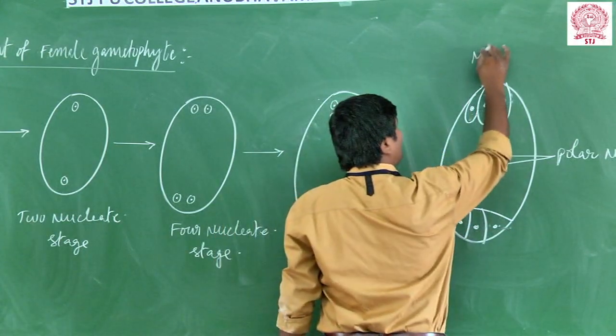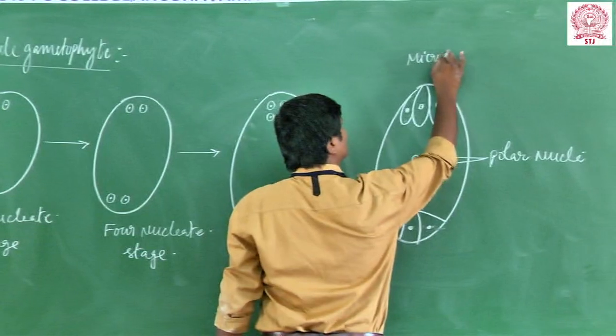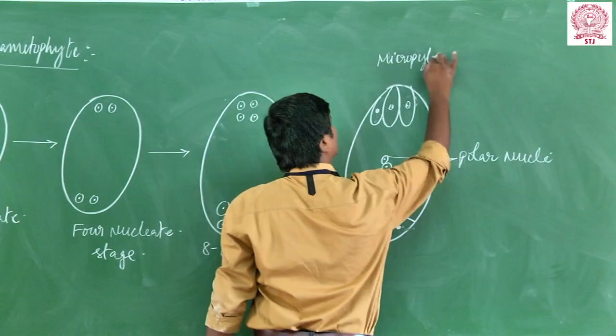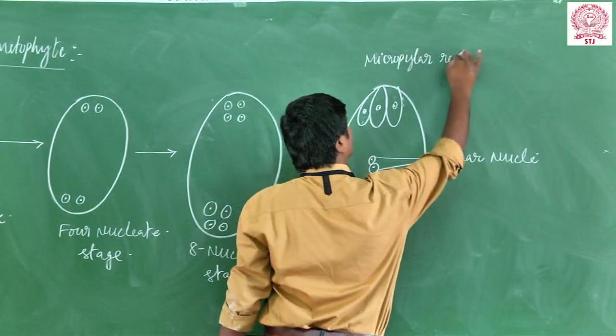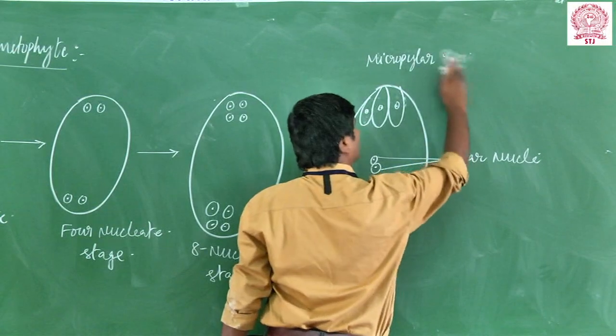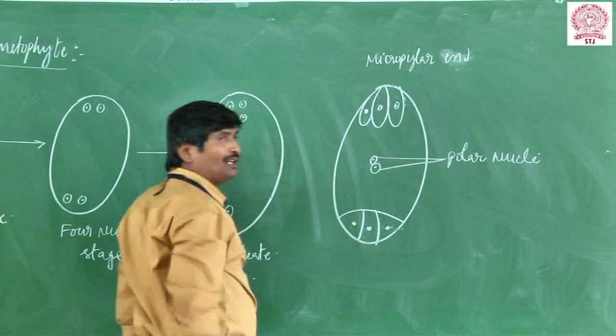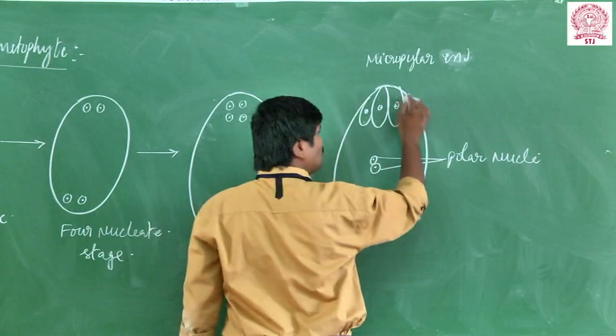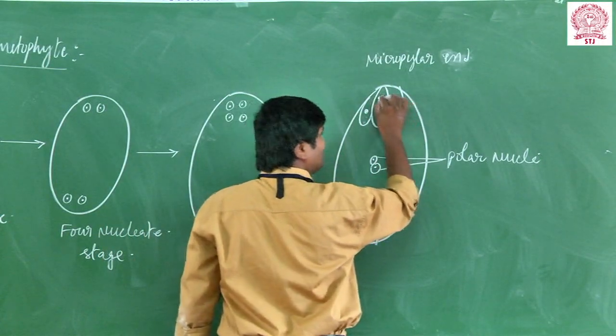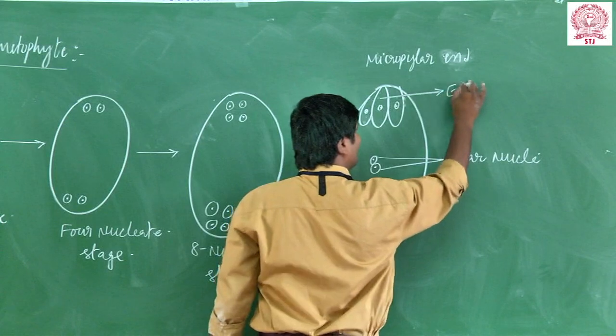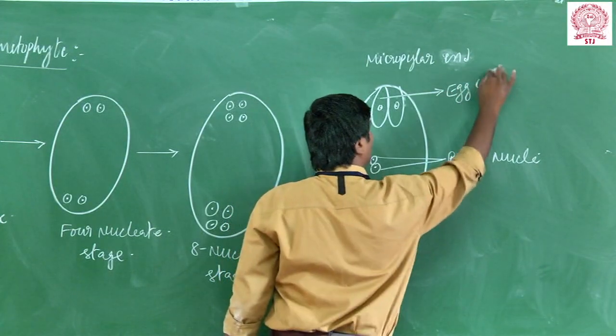This is towards the micropylar region, or micropylar end. Towards the micropylar end, the 3 cells are known as the egg apparatus. In the central position, the egg cell.